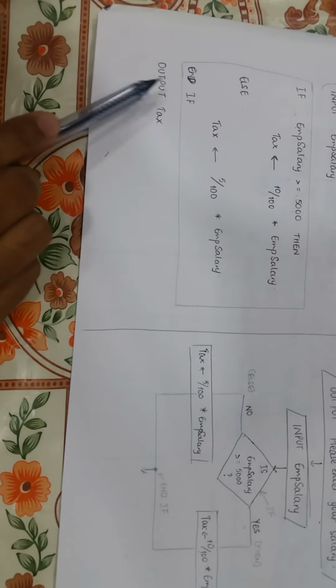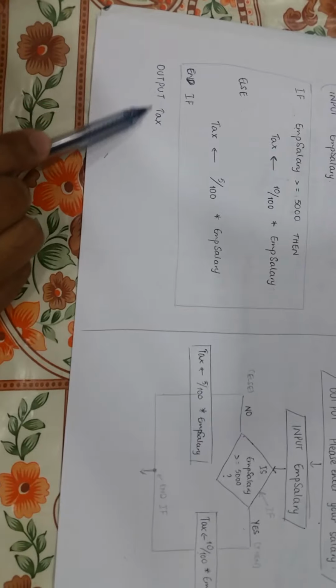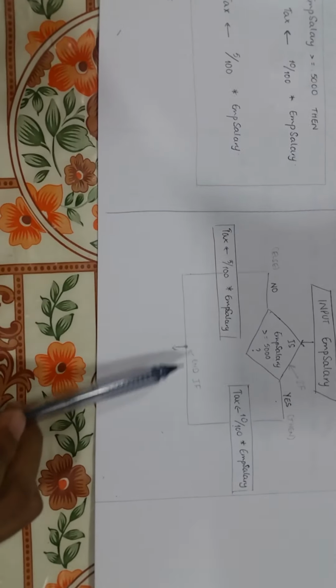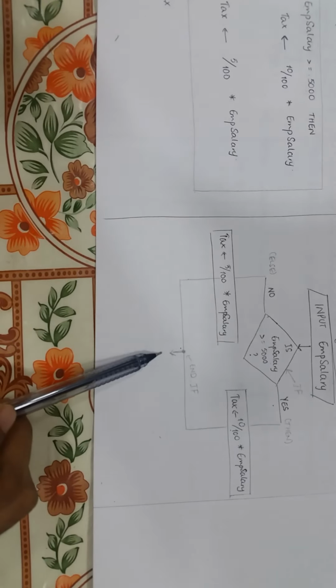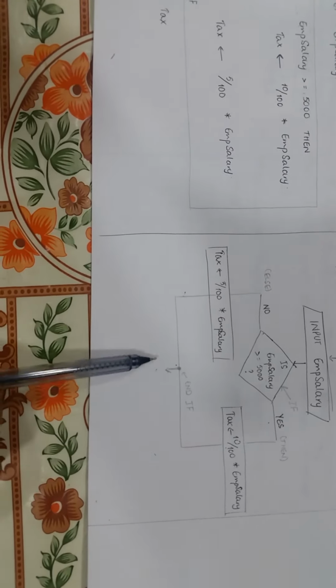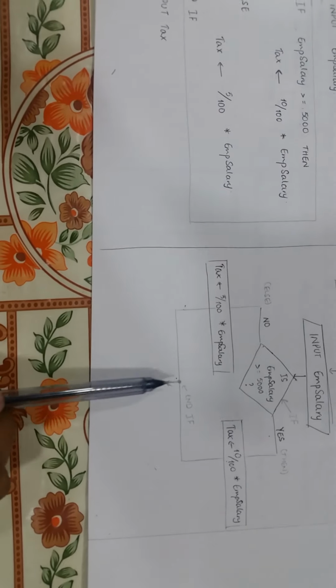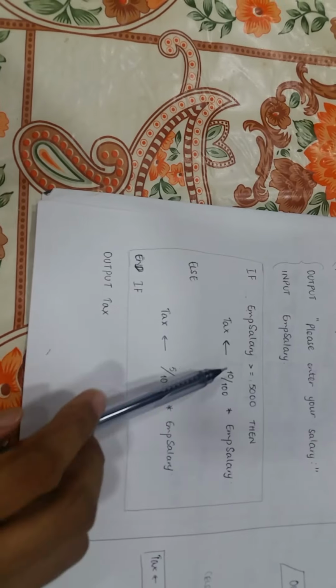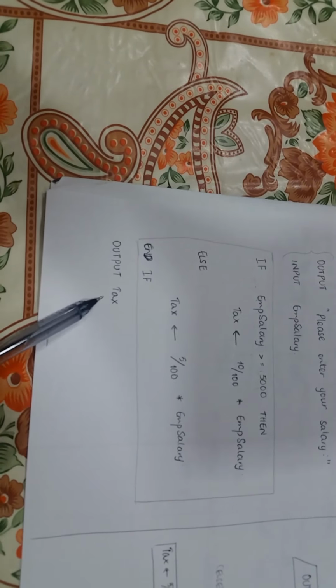But after end if, qu'est-ce que vous avez là? Ici, c'est output tax. Now this instruction should come after this point. Not on this path, not on this path, but on this path. Parce que, où ça? Ça se trouve en dehors du if structure.